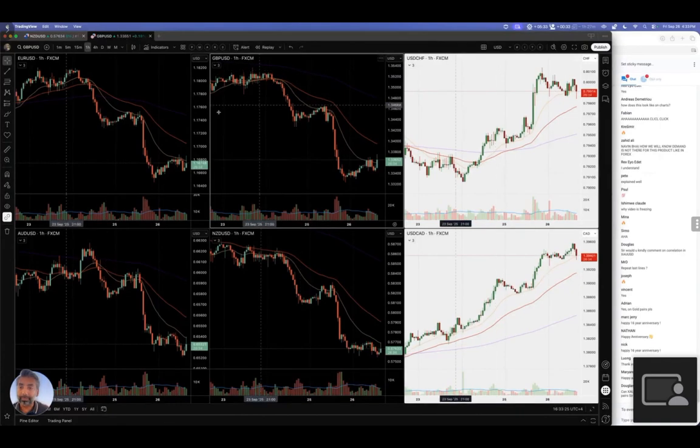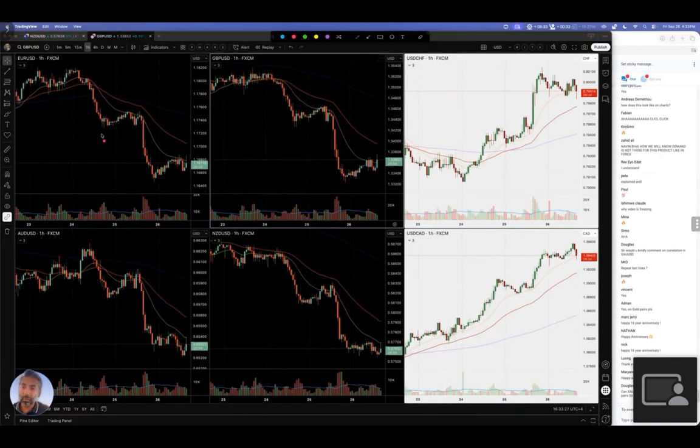Now, look at this movement down right now. He's made a low, then a new low, and then a higher low. This has made a low, a new low, and then a lower low. This went higher. This went lower.